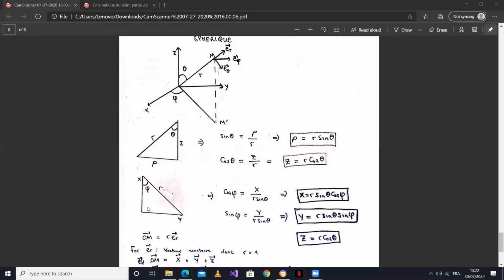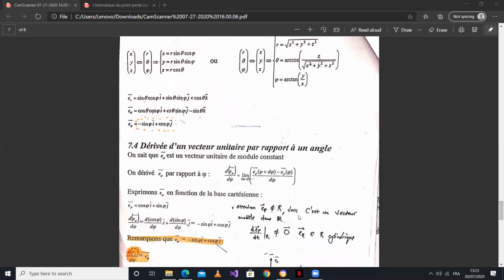What we need to do now is just to use SOH CAH TOA. We begin with cosine this time. Cos phi is going to be equal to the adjacent side X over the hypotenuse, R sine theta. So X is going to be equal to R sine theta cos phi, which is what they have here.